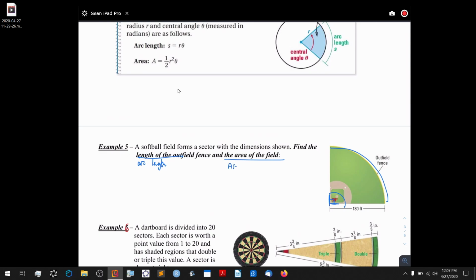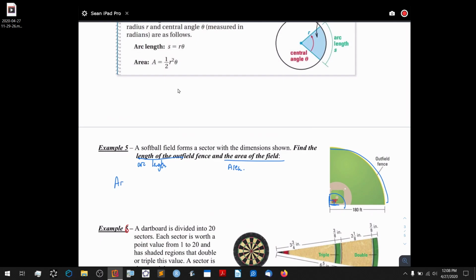So let me write that the arc length equals the length of the fence, and then you just plug stuff in. The arc length is the radius times theta, the central angle. The radius is 180 feet, times the central angle, which is 90 degrees.